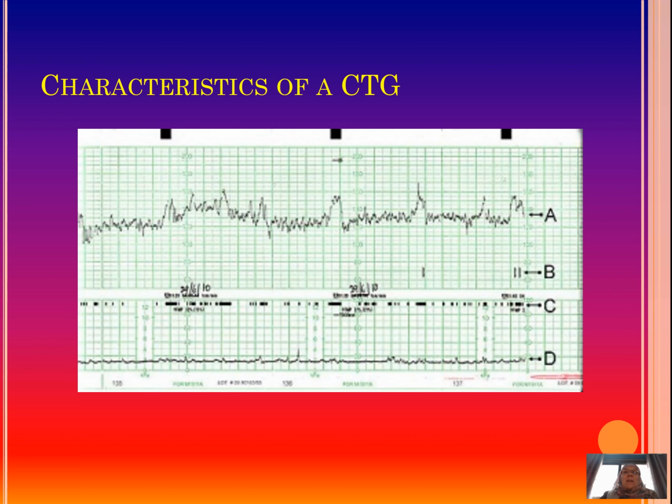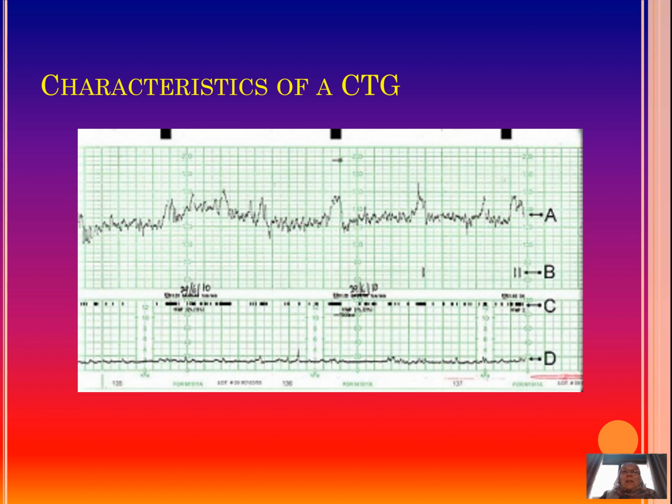I give you just a quarter of a minute to write these four down, what they represent. So let us start at D. What is D? D is the line where you can see contractions. In this CTG, there's no contractions. This patient has no contractions, so she is not in labor.